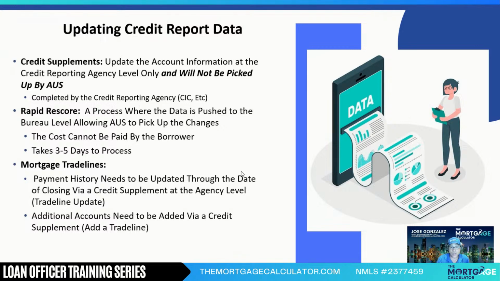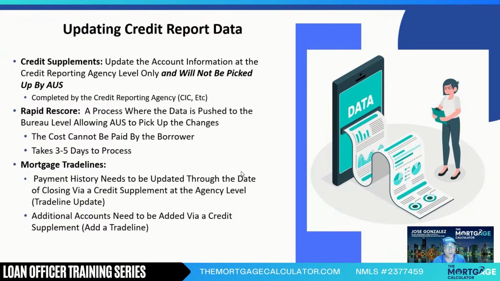Usually credit reports are behind anywhere from 1 to 2 months on the data. So right now there could be maybe a reporting date of April, and if you're closing in June, you need a reporting date of at least May, right? So if that's the case, then you're going to request a credit supplement to update the trade line at the agency level.